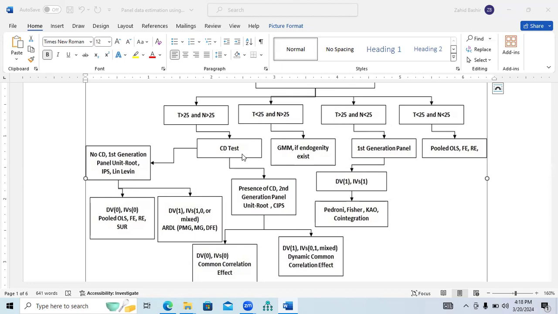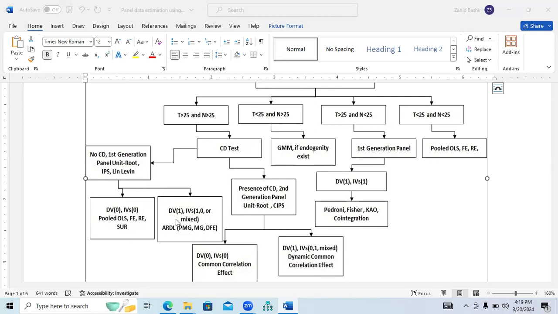But if your CD test determines that there is no cross-sectional dependency, then you are going to use the first generation panel unit root tests like IPS and Levin-Lin method. Here, if the DV and IV both are stationary at zero level, you are going to use pooled OLS, fixed effect, random effect, or seemingly unrelated regression, which is also called the SUR regression.